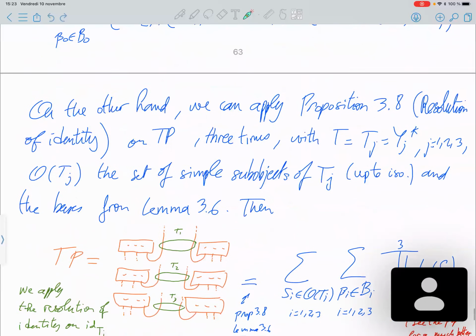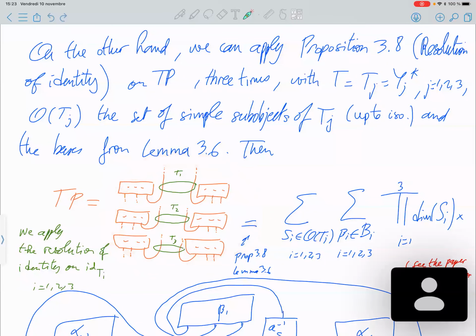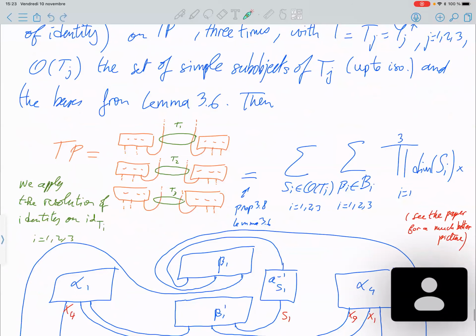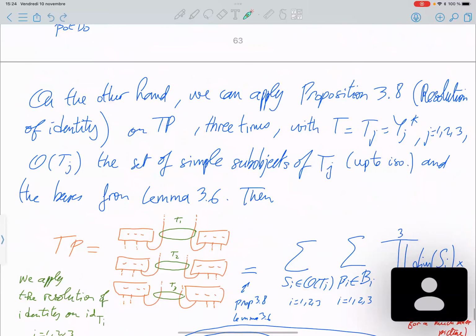So here is another global view of the monoidal triangular prism. For the right-hand side, we will apply the resolution of identity 3 times, here, here, and here. The resolution of identity was stated and proved as proposition 3.8.